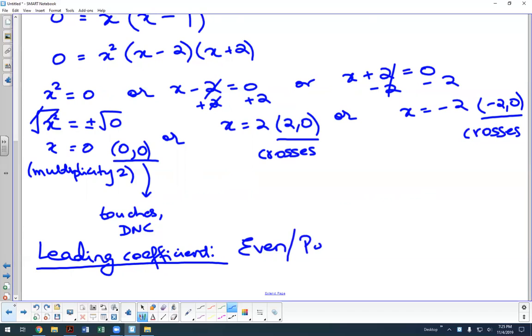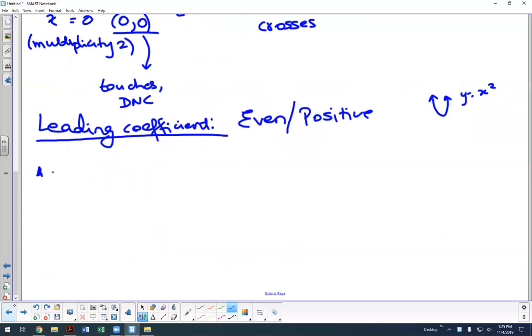So remember, positive and even is the same as our y equals x squared, which means both arms are going up, right? So as x goes to positive infinity, y also goes to positive infinity. As x goes to negative infinity, y will still go up to positive infinity.